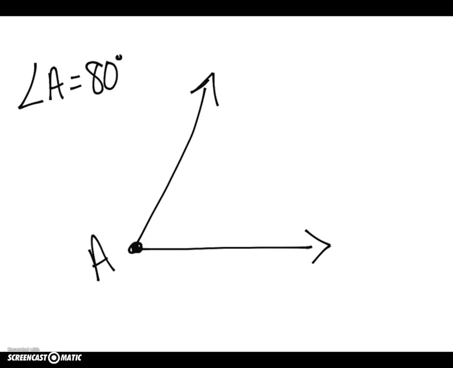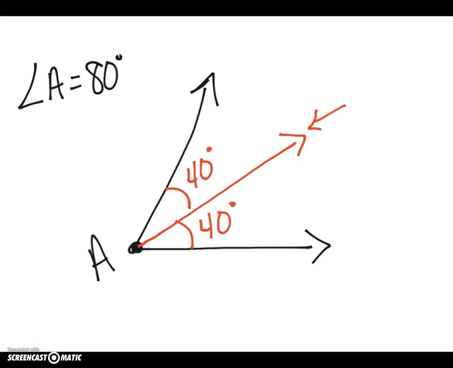And I'm not measuring it, so it's not particular. If I were to draw a ray that started here at this vertex and went straight up, and I were to tell you that on this side it is 40 degrees, and on this side it is 40 degrees, then this ray that we just drew here, this would be an angle bisector.